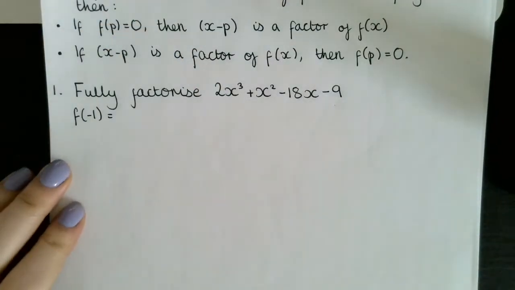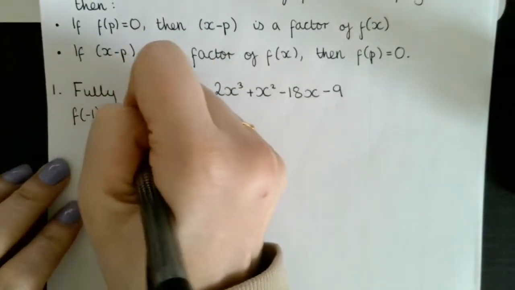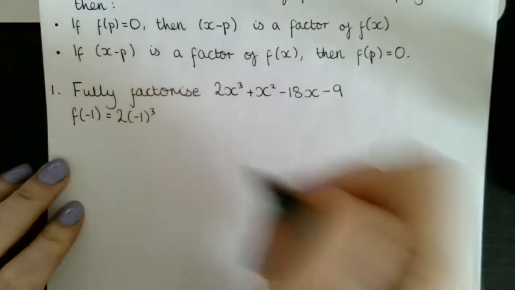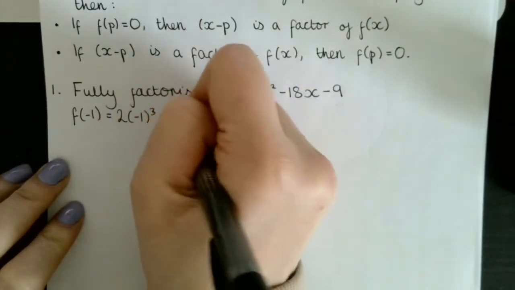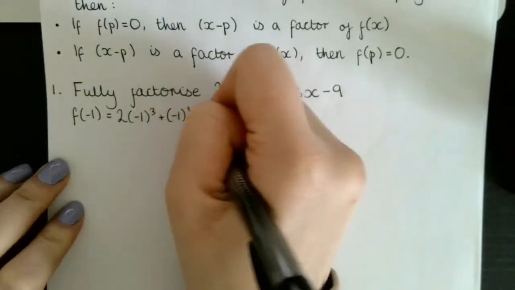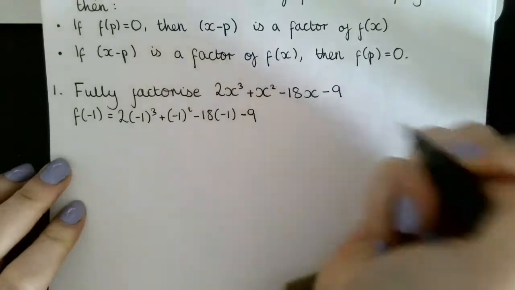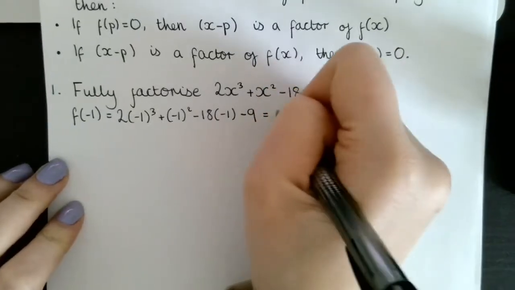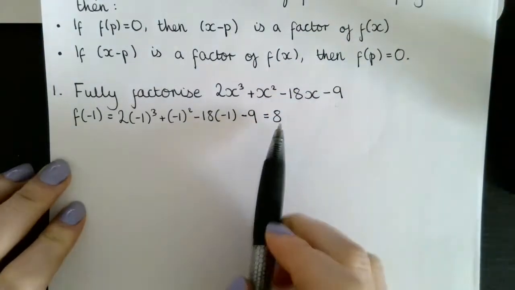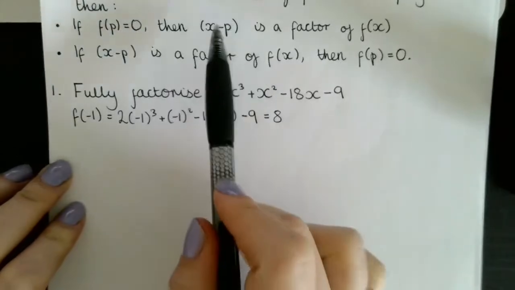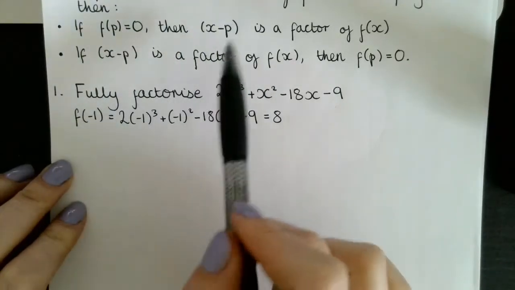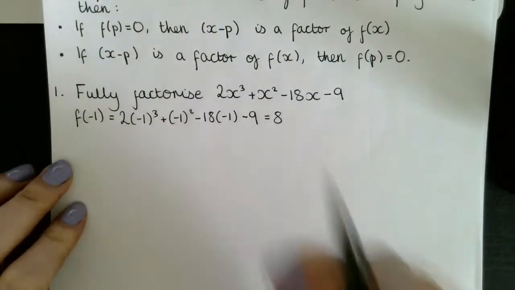F of negative 1 is equal to 2 lots of negative 1 cubed plus negative 1 squared, subtract 18 lots of negative 1, subtract 9. That gives me an answer of 8. Does not equal 0, so x plus 1 is not a factor of f of x.